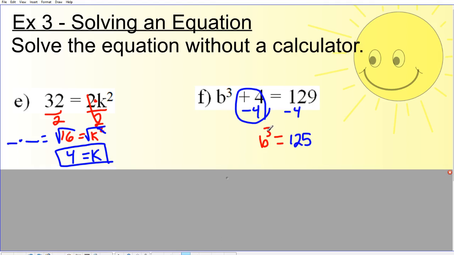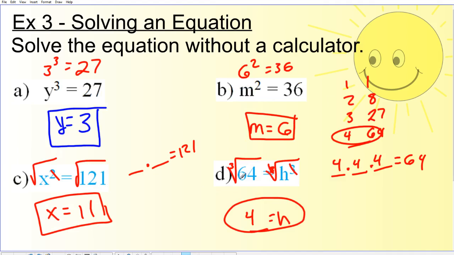And now we can cube root. See, it's b cubed, so we need to use a cube root. Cubing and cube rooting are opposites, and they cancel. b equals the cube root of 125. What number times by itself 3 times is 125? You can use guessing and checking.